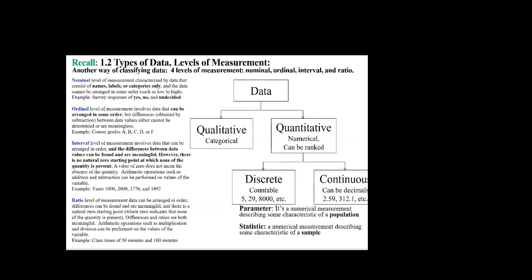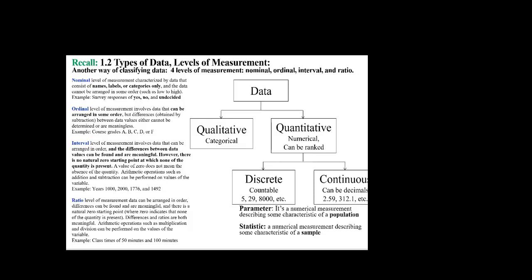We looked at types of data, and remember, data are either basically qualitative or quantitative. In the case of the quantitative, it's either discrete, that means countable, that means whole numbers, 0, 1, 2, 3, and it continues indefinitely, or it's continuous, which means it can take place over an interval.